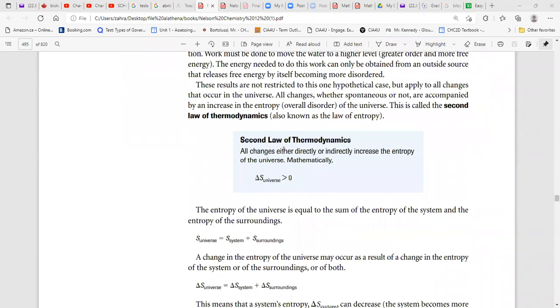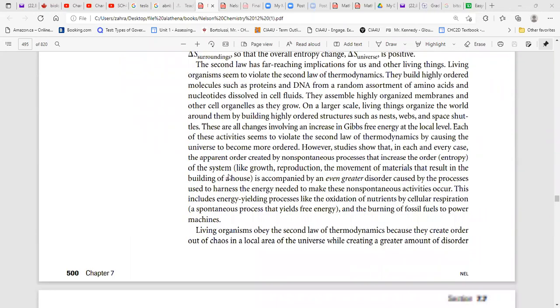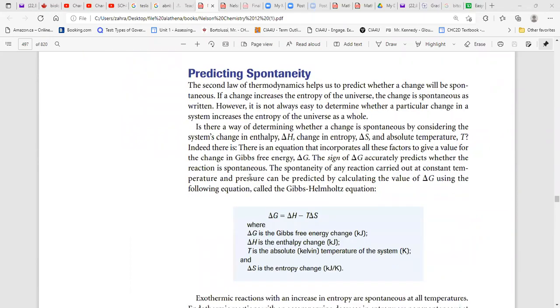Now the second law of thermodynamics says that all changes, either directly or indirectly, increase the entropy of the universe. This means the universe is going toward a disordered state. So if we want to predict spontaneity, we have to look at what happens to the Gibbs energy.